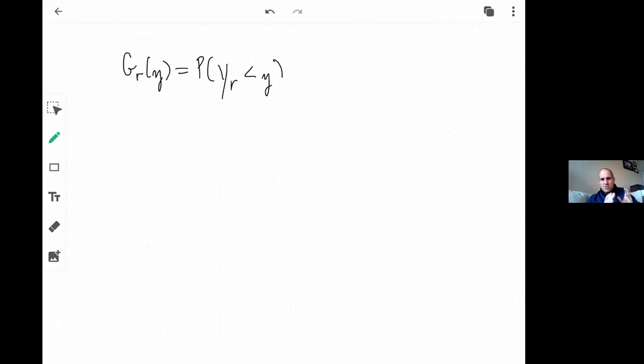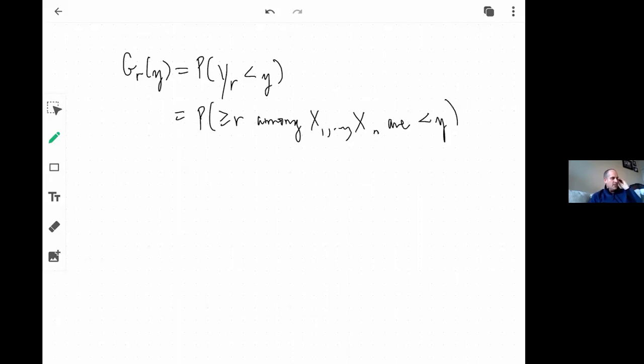Y sub R is the rth smallest among the x's, and if Y sub R is less than y, that means at least R of the x's had to be smaller than y. So this is equal to the probability that greater than or equal to R among x1 through xn are smaller than y.